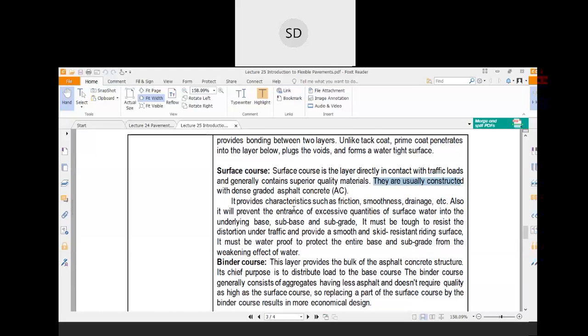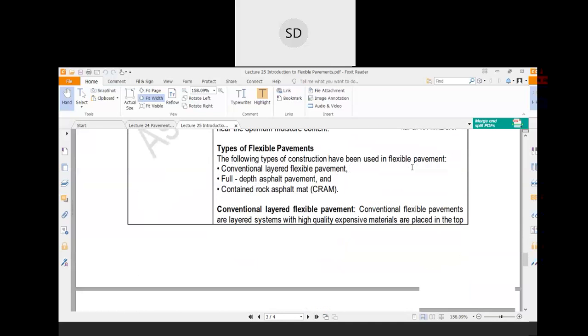So basically, they are dense graded asphalt concrete. So whenever you are constructing the surface course, whatever aggregate you are choosing should be dense graded. Okay, so that all types of voids can be eliminated.